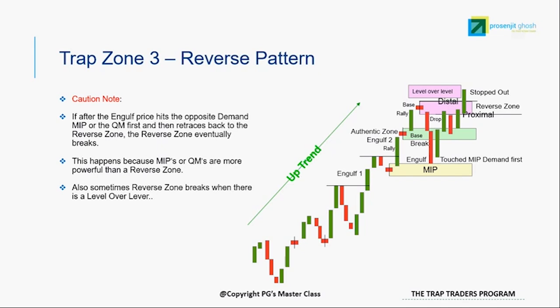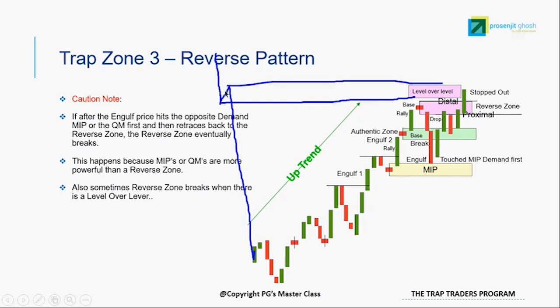Does this level over level have continuation patterns or reversal patterns? It could be both. It can be anything, Rajay Prasad. If this is a level, what probably happened in the past when price was falling is that price might have created a zone, this level here.